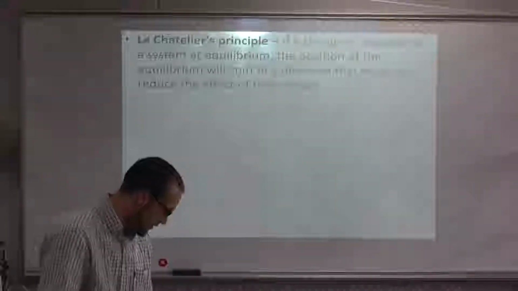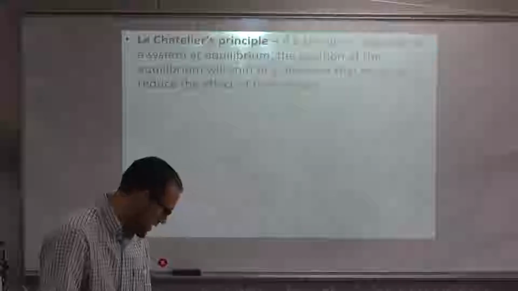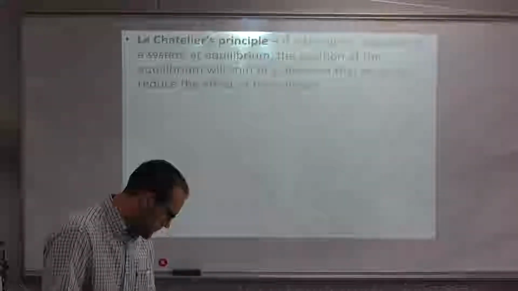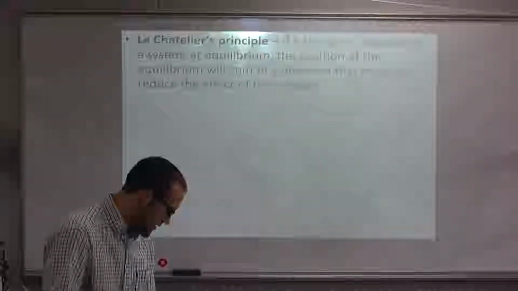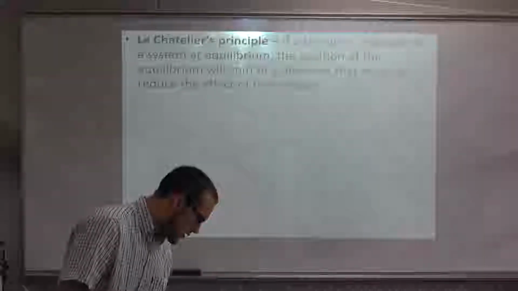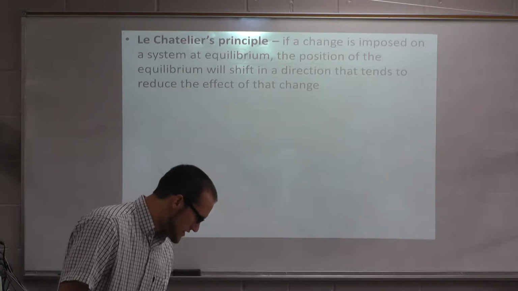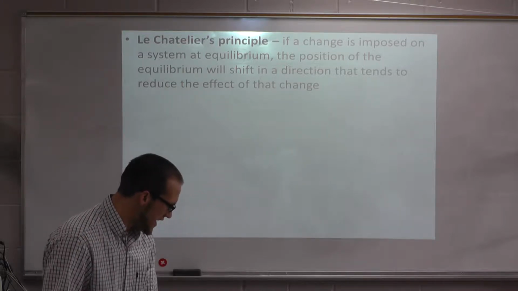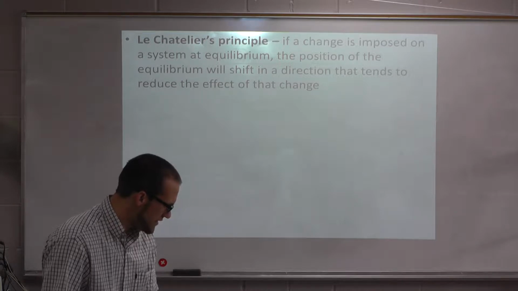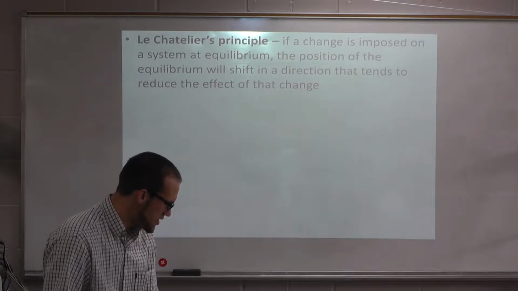You can look at the little table there at the bottom and see that. Okay? Then, continue on here. Thus, the amount of NH3 present at equilibrium is favored by conditions of low temperature and high pressure.